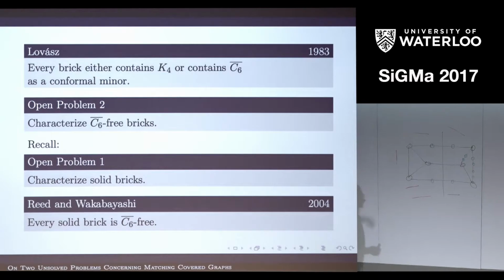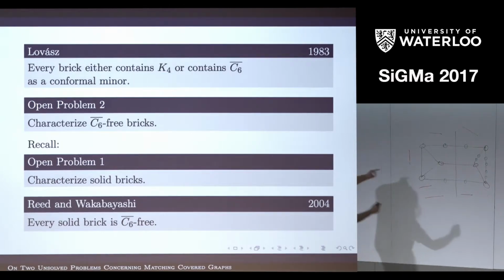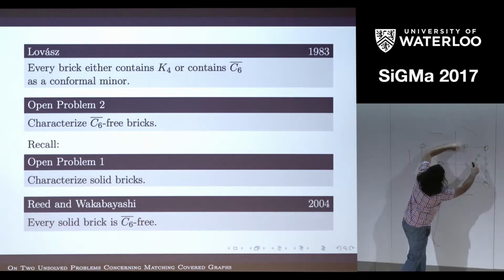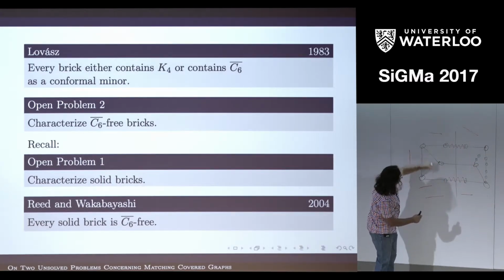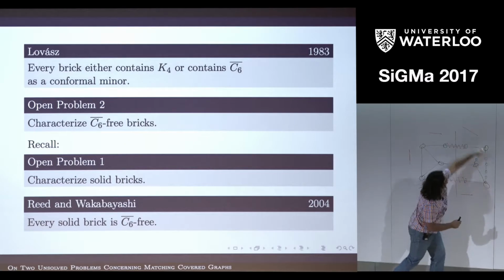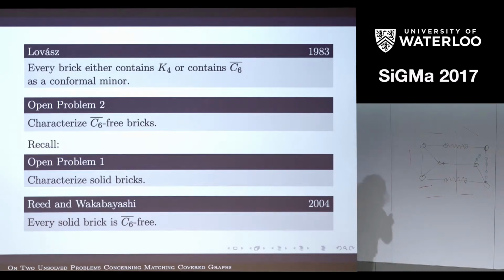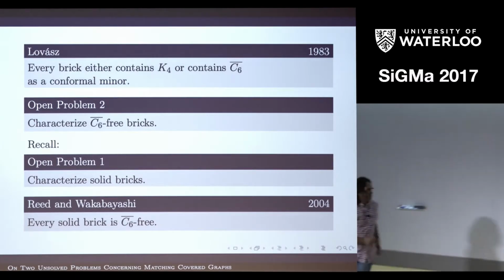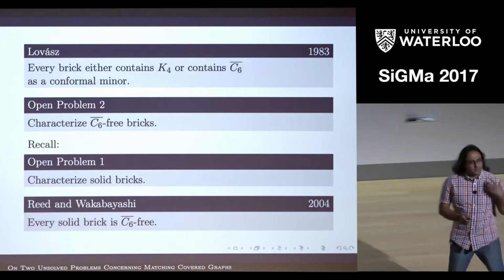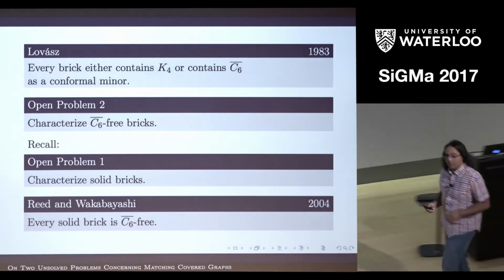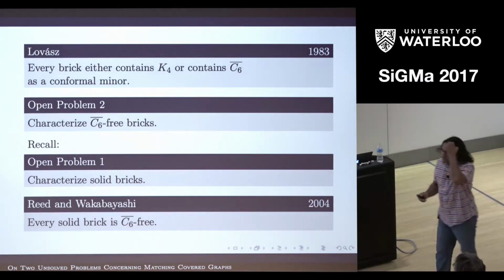Now, I can extend this perfect matching. Now I've got a perfect matching after deleting 2 vertex disjoint odd cycles. And according to the result of Reed and Wakabayashi, that has to be a non-solid brick. Okay, so every solid brick is prism-free. That just follows from the result of Reed and Wakabayashi.